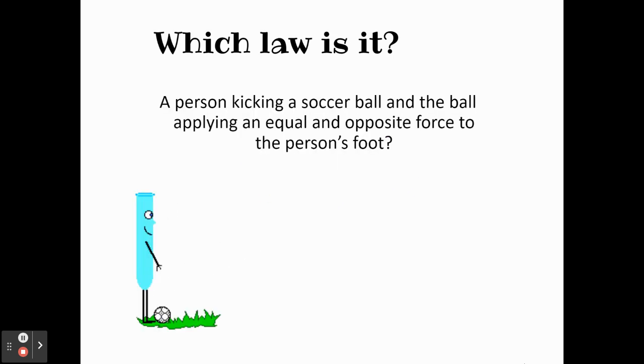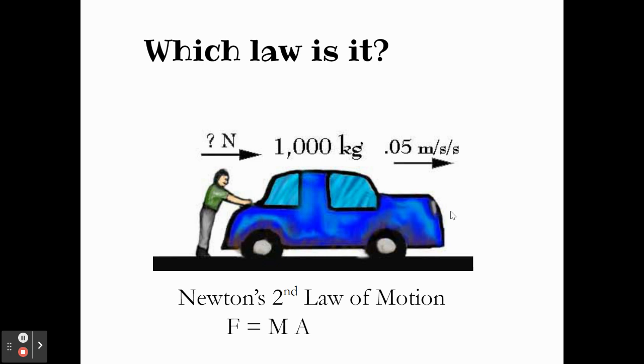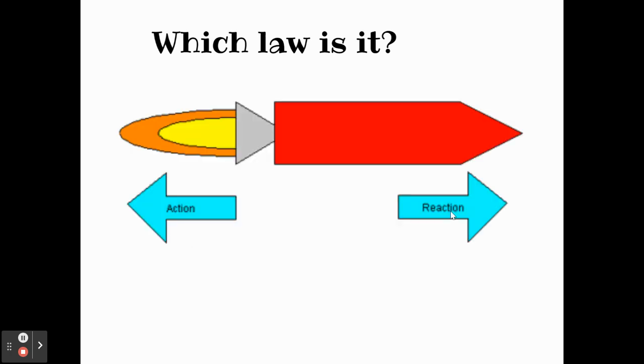And kicking a ball, applying equal and opposite forces, that's also Newton's third law. Anytime you see a mass, anytime you see acceleration, that's going to be Newton's second law. So how much force is it going to take for this guy to push this car? That is our math formula, which we're going to become more comfortable with. What law is this? Action, reaction. That's number 3.